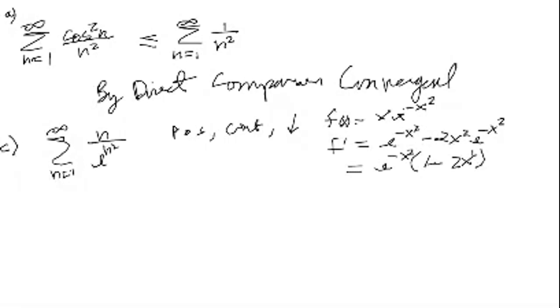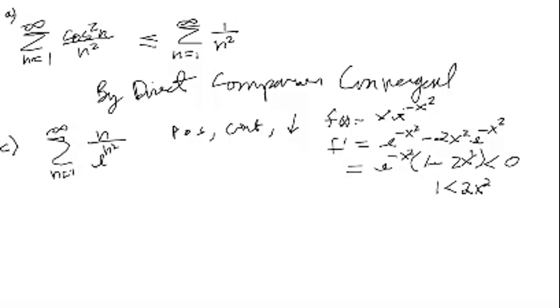And you can see, of course, e to the negative x squared will never be negative. This is your only possibility of going negative, and that'll happen if 1 is less than 2x squared. So you would be solving this inequality to determine that.